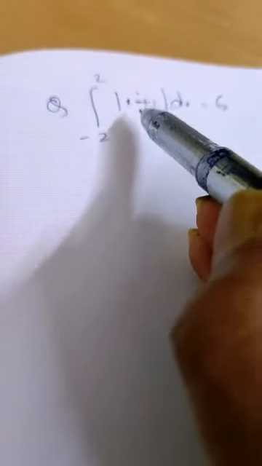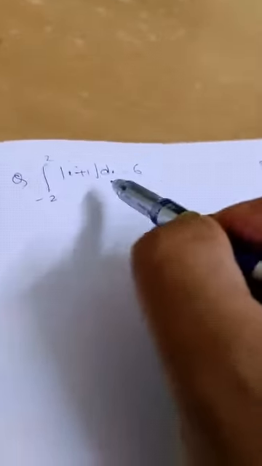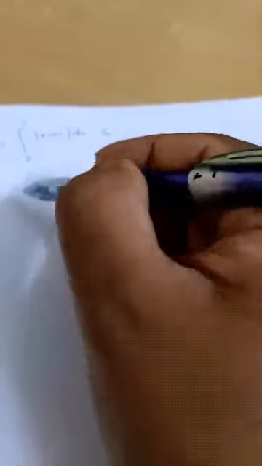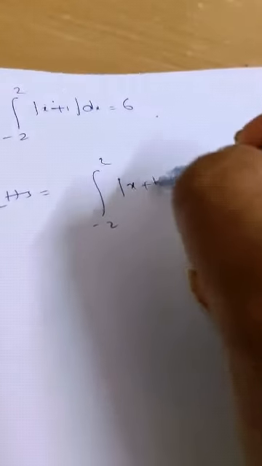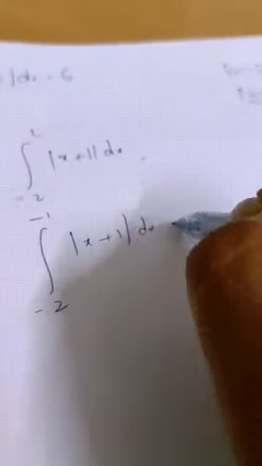This is x plus 1, and you have limits from minus 2 to 2. In between minus 2 to 2, there is minus 1. So you split the left hand side: the integral from minus 2 to minus 1 of mod of x plus 1 dx, plus the integral from minus 1 to 2 of mod of x plus 1 dx.